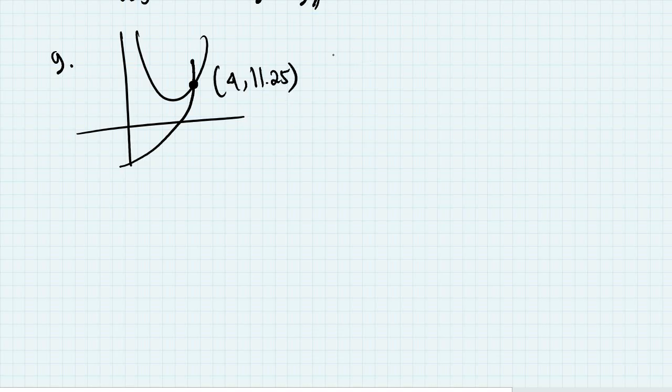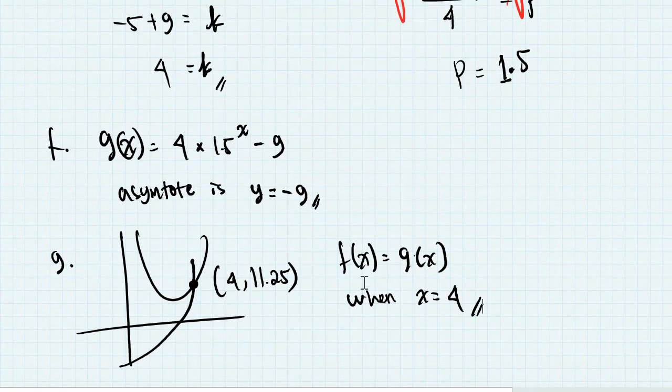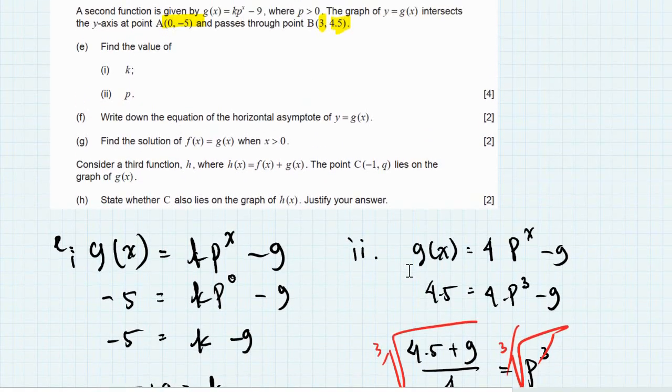So fx will be equals to gx when x equals to 4. There you go. You don't have to write the point because it's only asking you what value of x when fx and gx are the same. Just write x equals to 4.